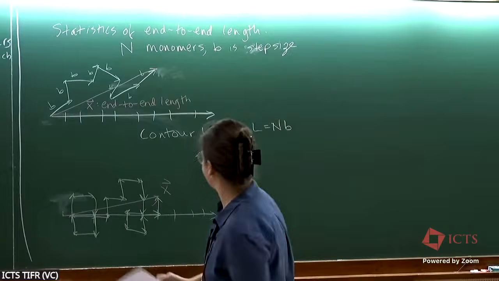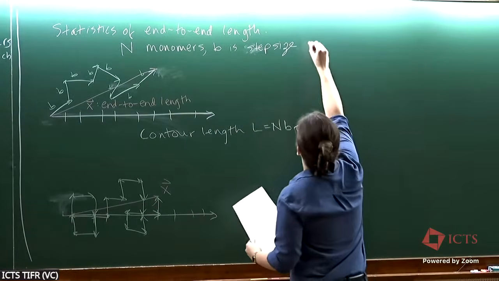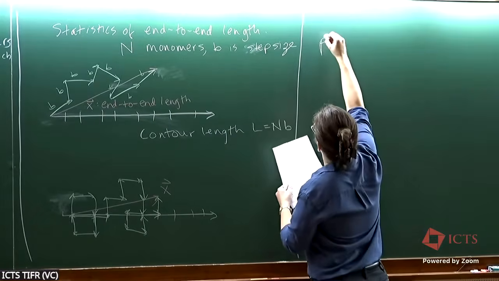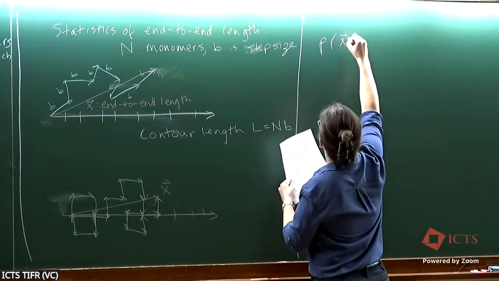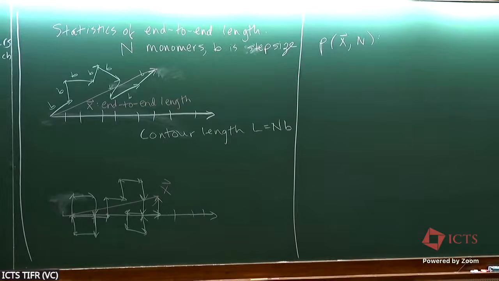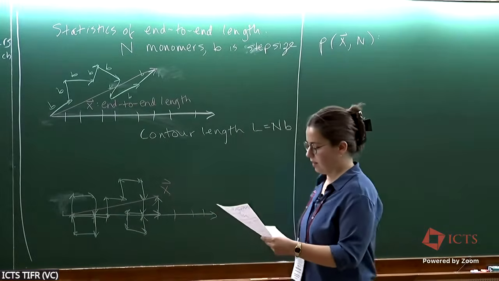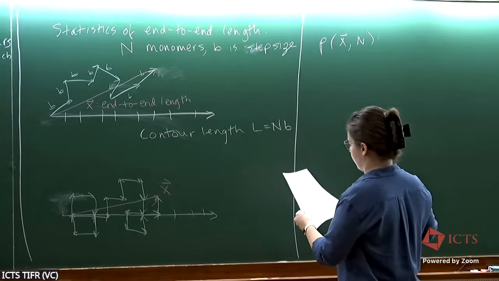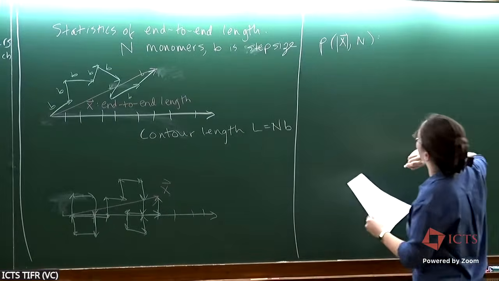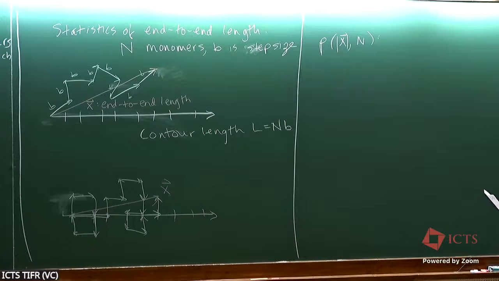All right. So the quantity that we now are set up to find is going to be P of X as a function of N. This is the probability that a chain starting at the origin is going to have an end-to-end distance that is actually the magnitude of X after N steps.